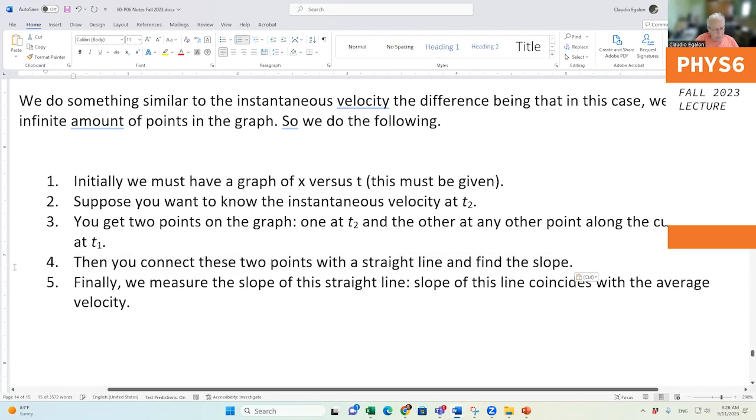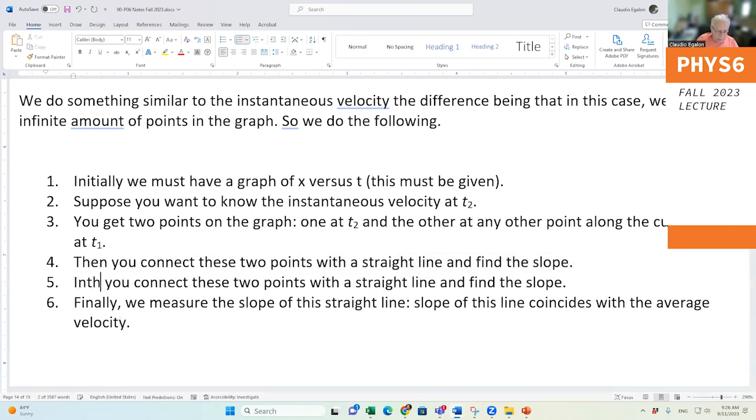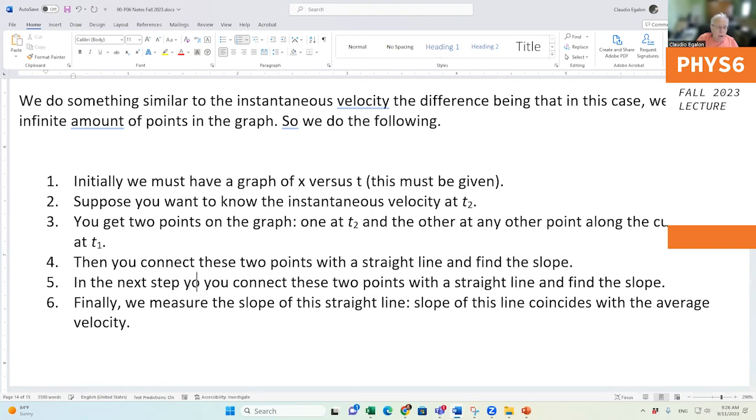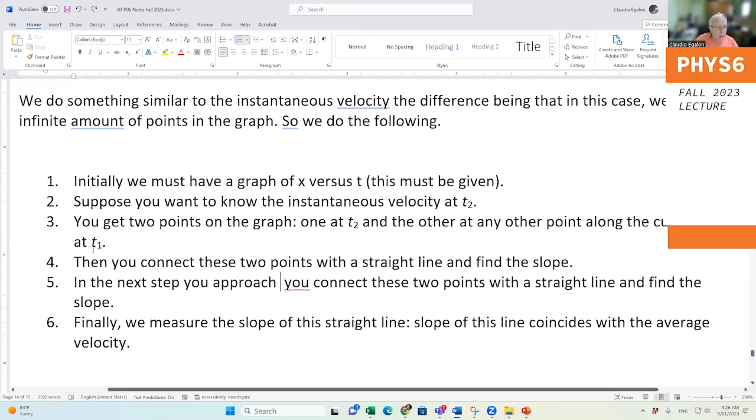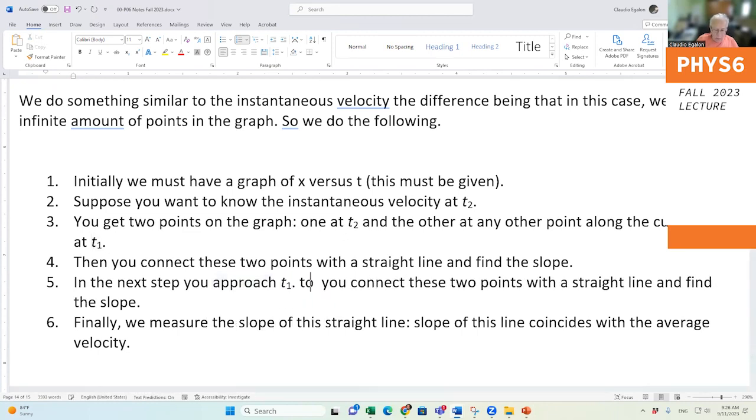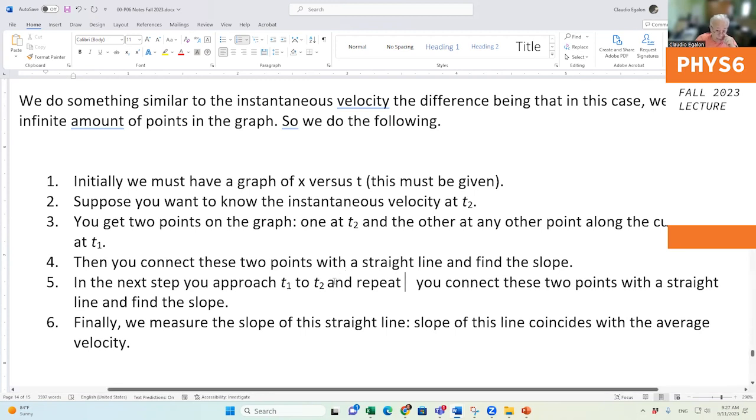In the next step, you approach T1 to T2. And repeat.